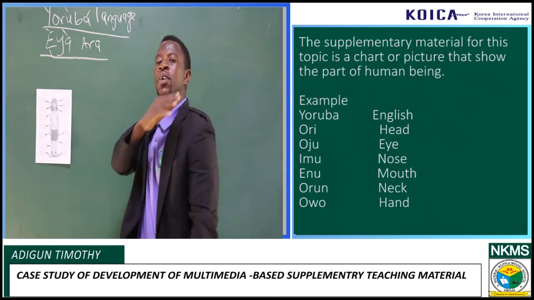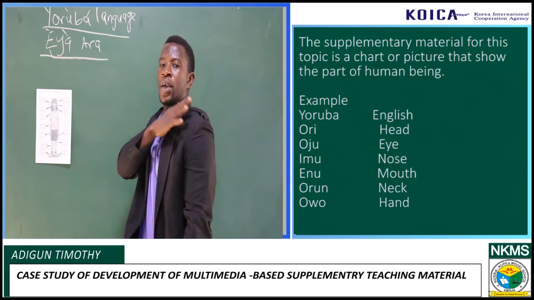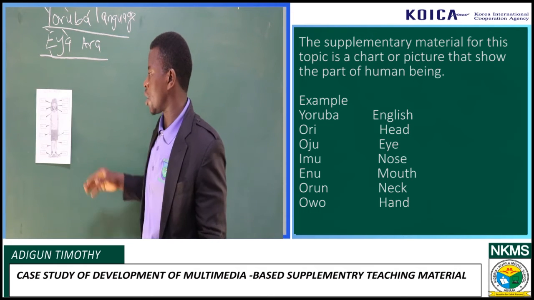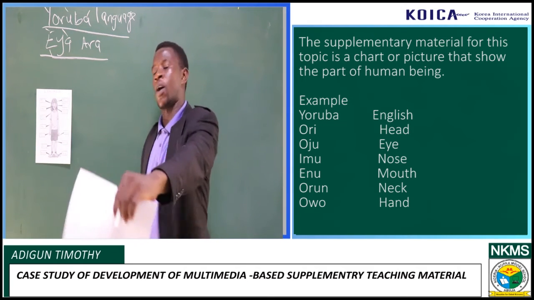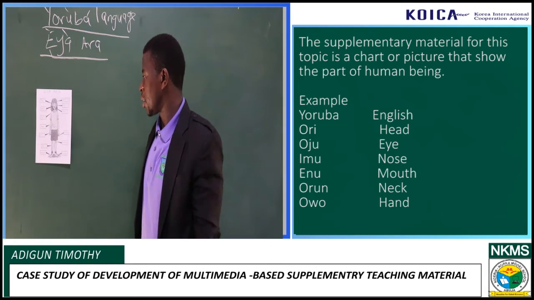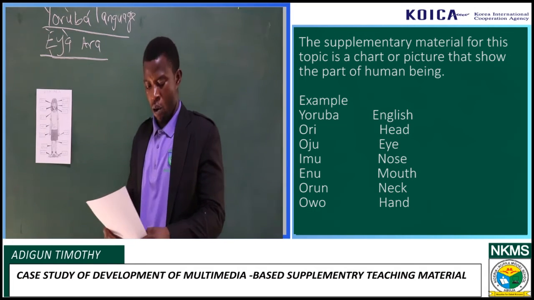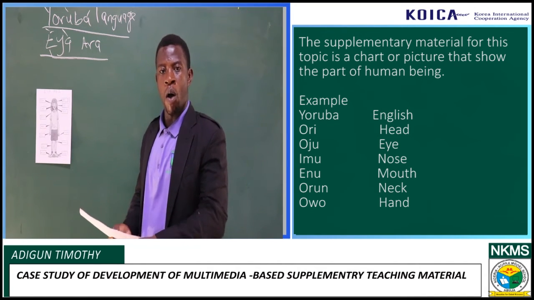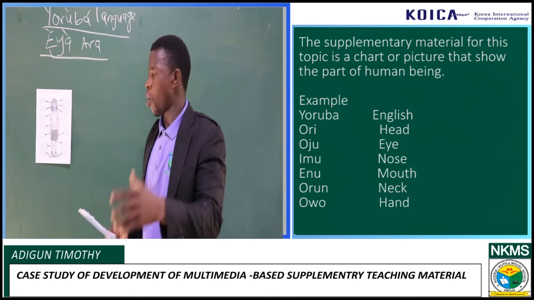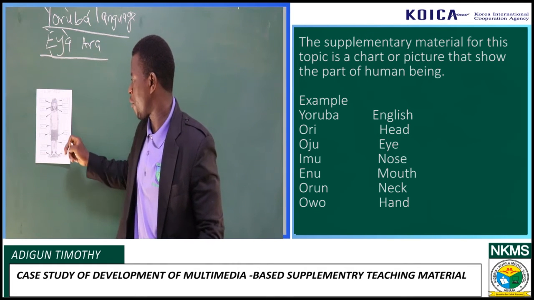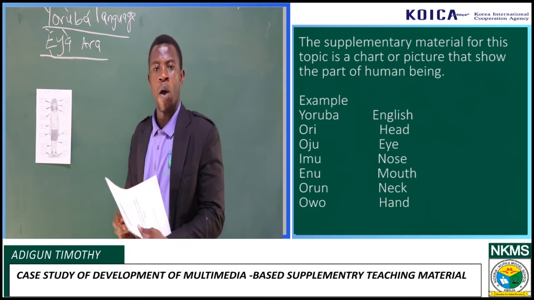Then we have Ejika. Ejika is shoulder. Then we have Akpa. Akpa is your hand. Then we have Owo. Owo is your palm. Then we have Ikawo.